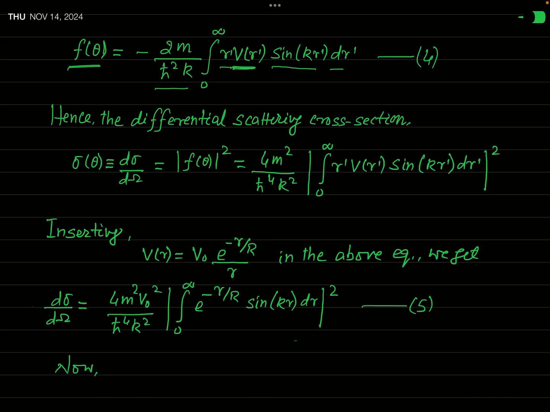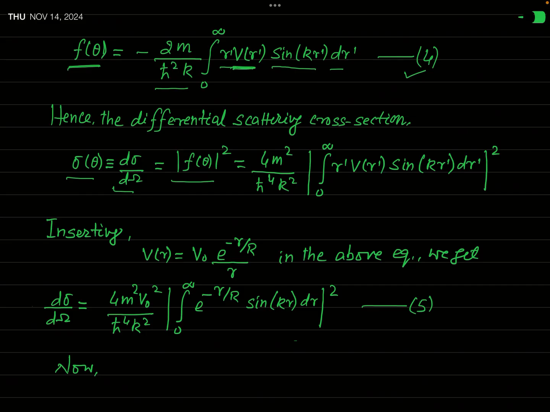And after that, you can obtain the differential scattering cross section. Now, as you know, that differential scattering cross section, which is denoted by the symbol sigma of theta or d sigma by d omega, this is actually equal to the square of the modulus of the scattering amplitude. Okay. So this will be mod of f of theta squared, and f of theta is defined here in this equation 4.